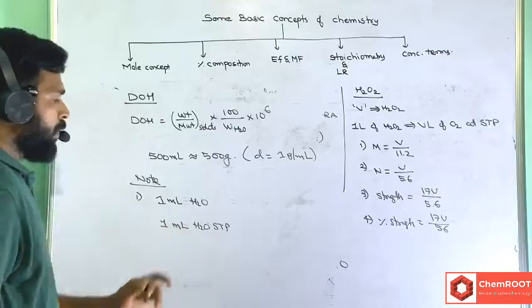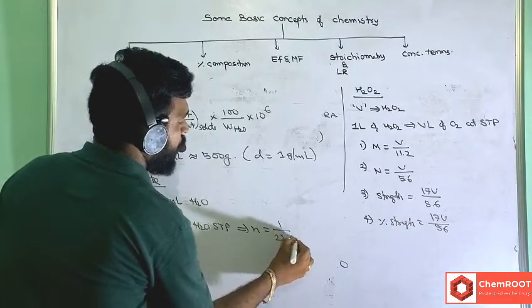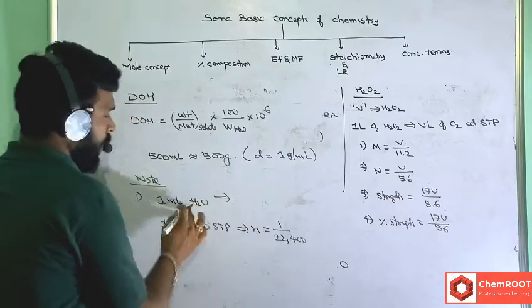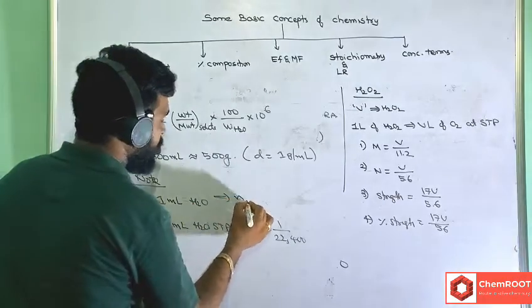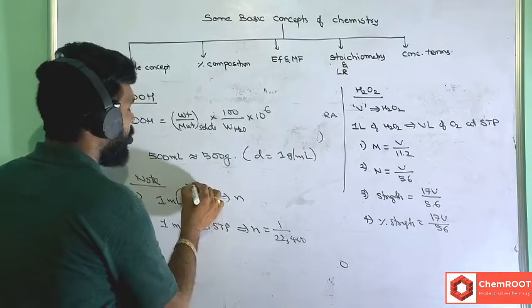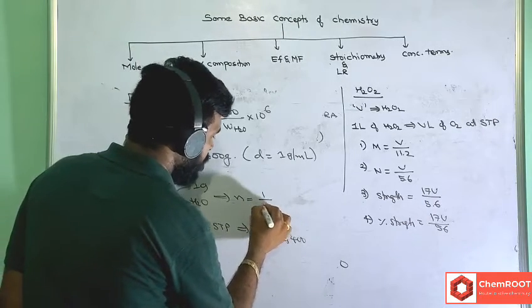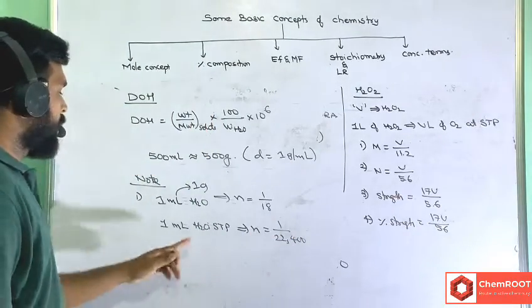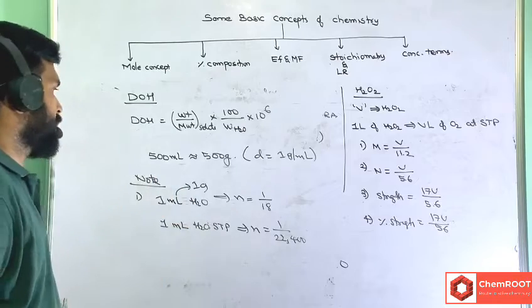For 1 ml water at STP, the number of moles is equal to 1 by 22,400. But for 1 ml H2O with no information related to STP, you have to consider 1 ml equal to 1 gram, so the number of moles is equal to 1 by 18. That is the huge difference between water at STP and when STP is not given.